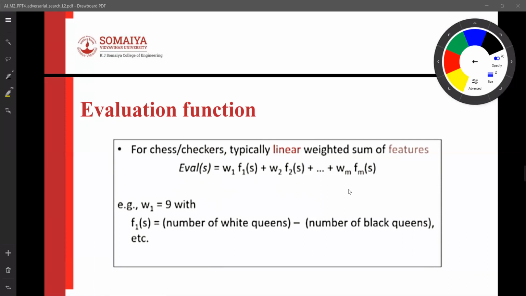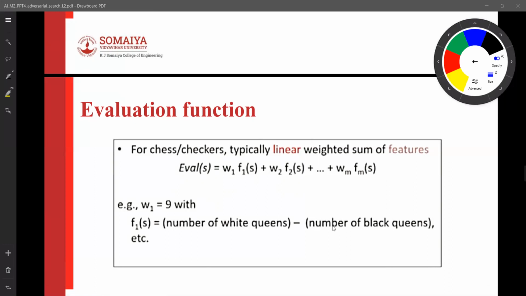There will be many such features, and I will define them and call them all feature values. So where do those features come from? We invented all these features, so it is very important to define the features. For example, one feature will be the number of white queens minus the number of black queens. That is what you have seen in the picture, F1 of S.